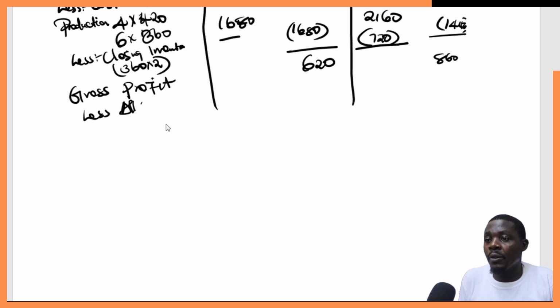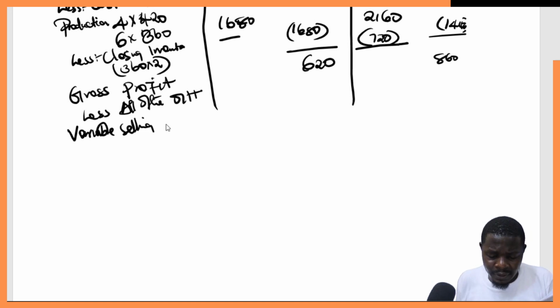Then less all other overheads. What were they? Overheads, we start with the variable selling and administrations. Variable selling, we are told that is 40 shillings per unit sold.